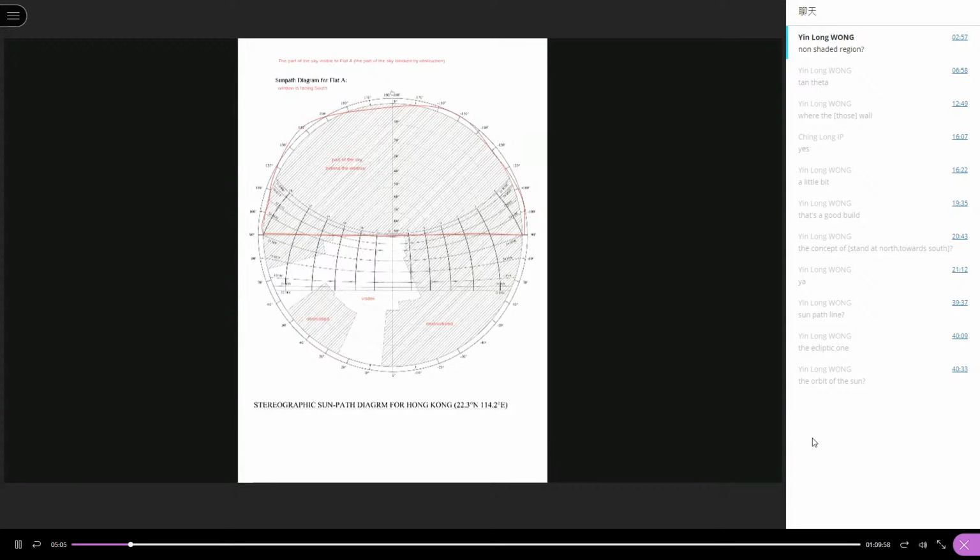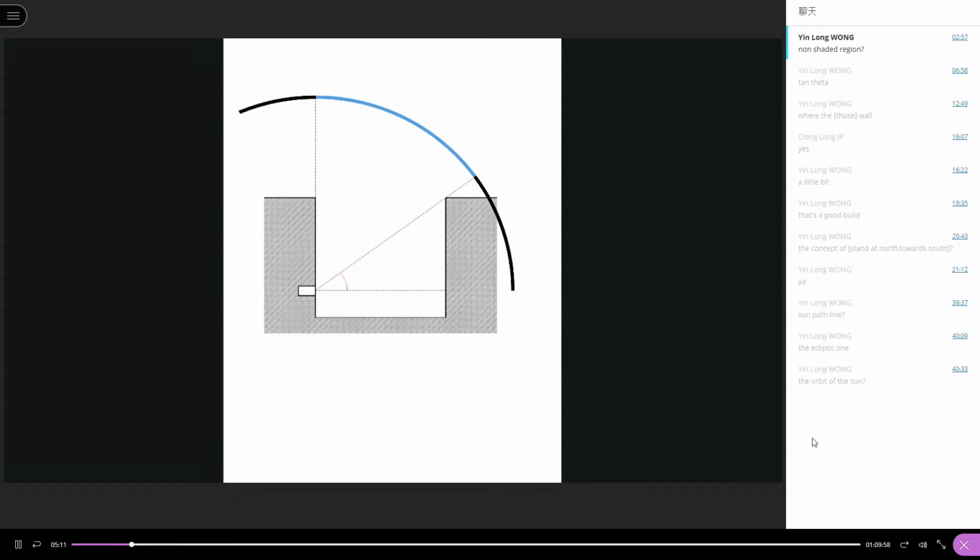So last night I briefly drew a diagram like this. Let's say this is flat A, and opposite to flat A is a building. The part of the sky that is visible to flat A will be this portion, right?